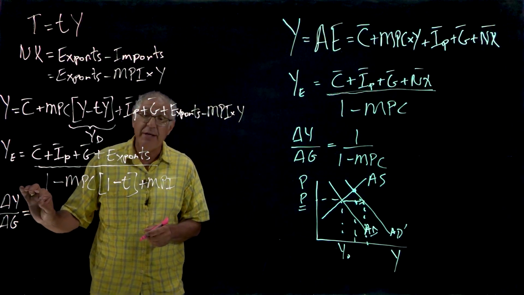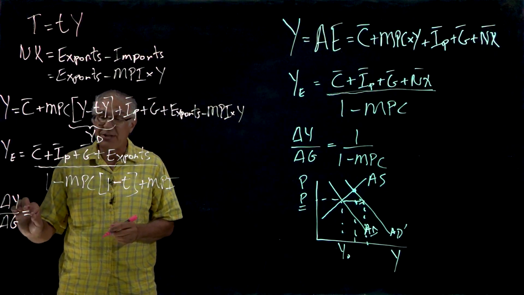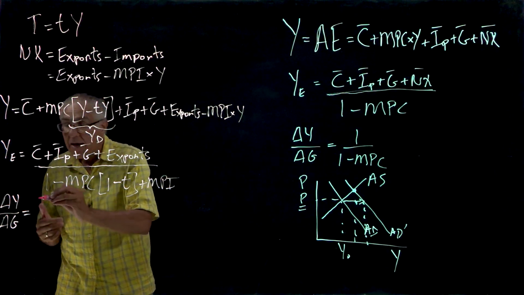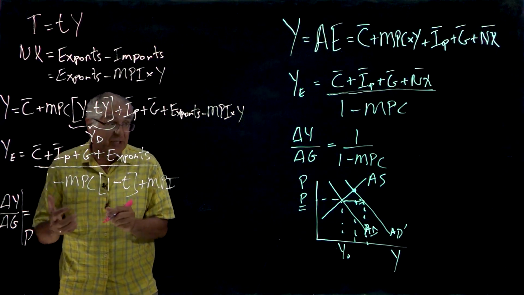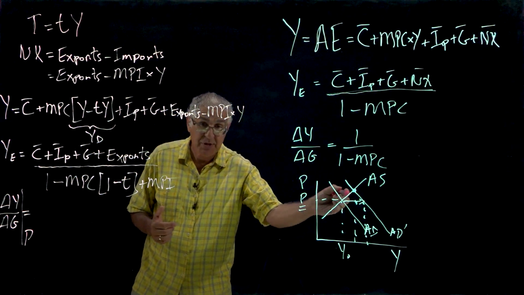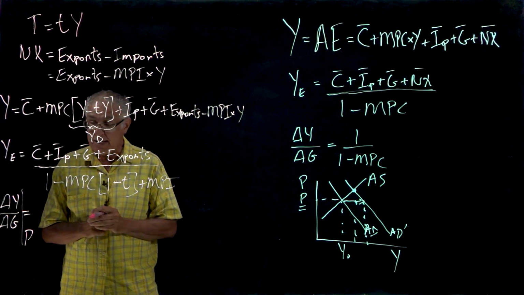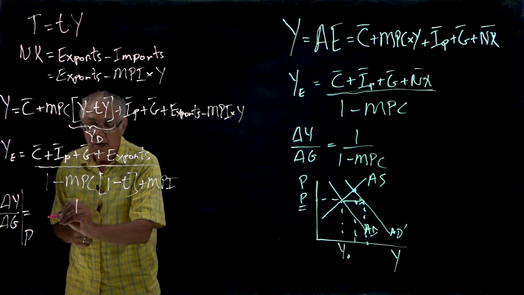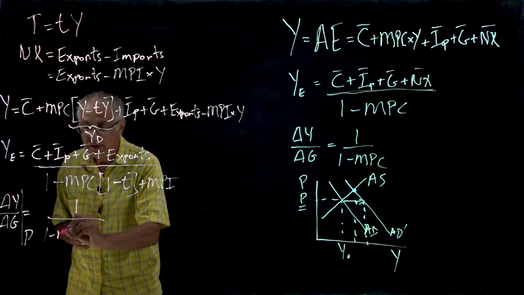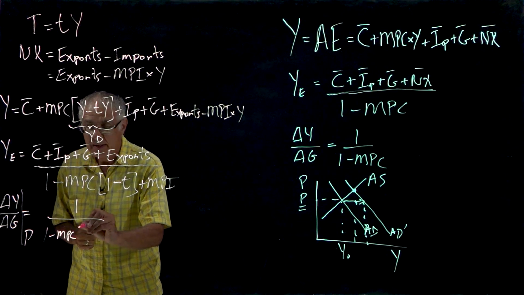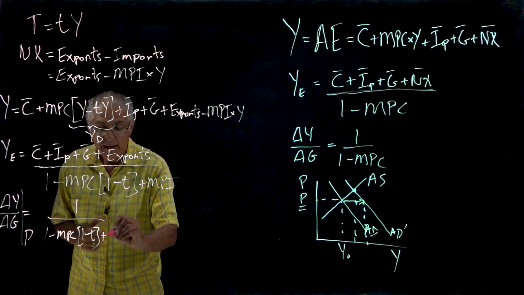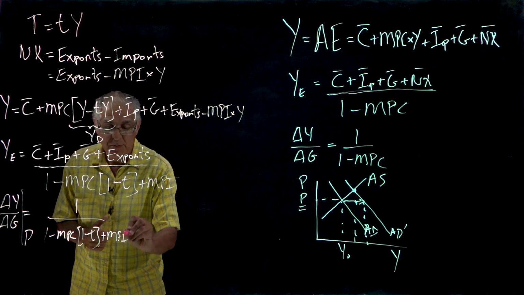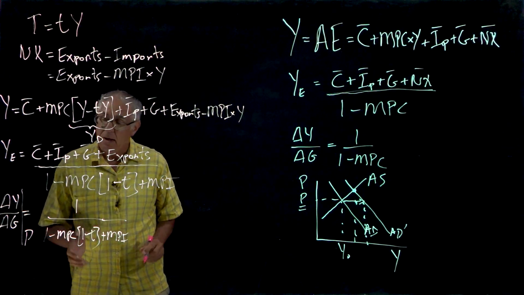But that change in income, given a change in government spending, at a given price level P, remember this discussion we had over here, is equal to 1 over 1 minus MPC times 1 minus the marginal tax rate, lowercase t, plus the marginal propensity to import.